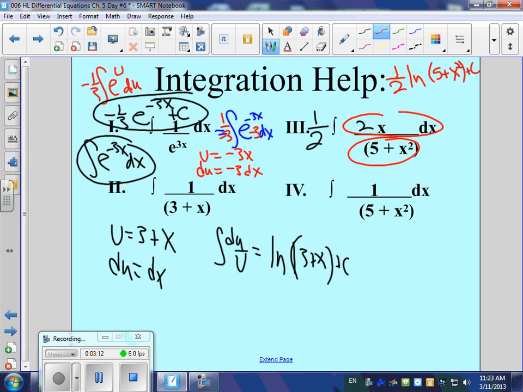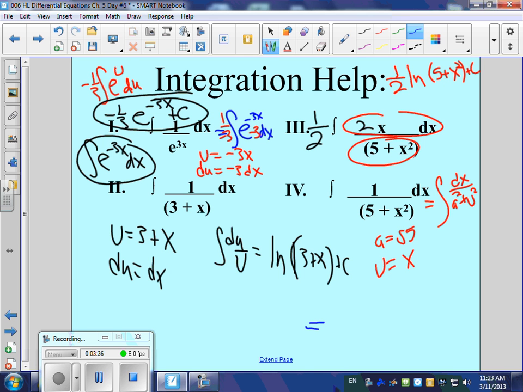Nice, Max. Arctangent. We're going to let a be equal to the square root of 5, u be equal to x. So this is going to be dx over a squared plus u squared. And do you remember what the antiderivative of that is?